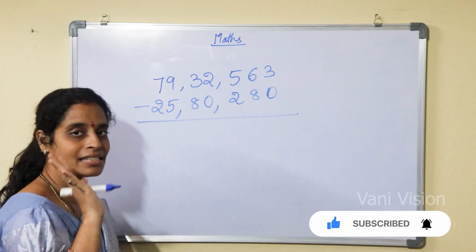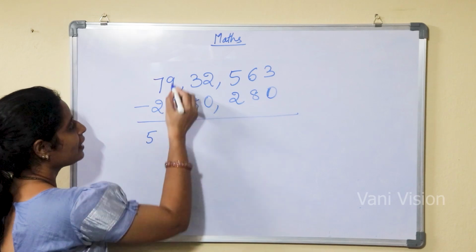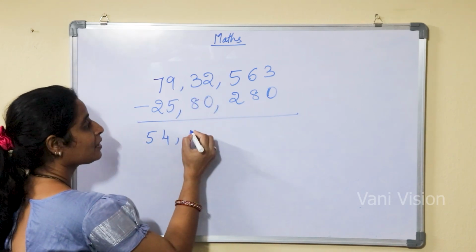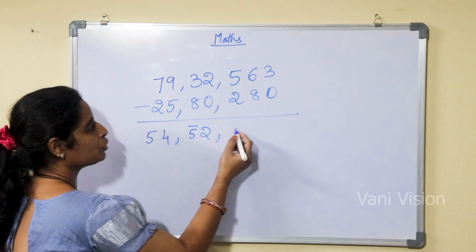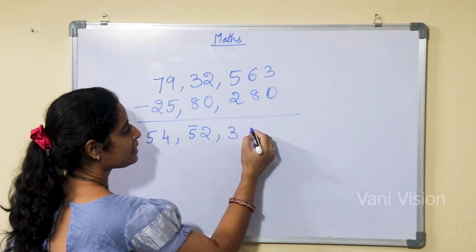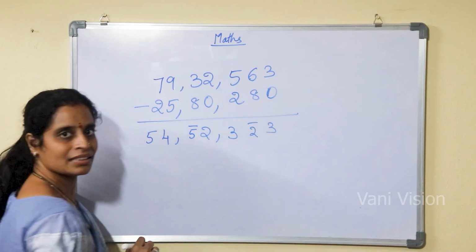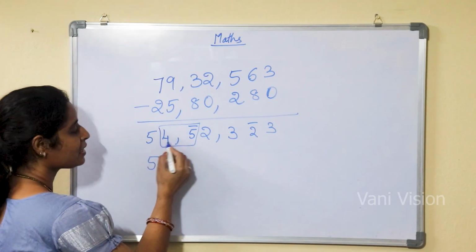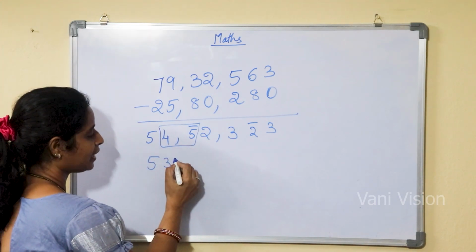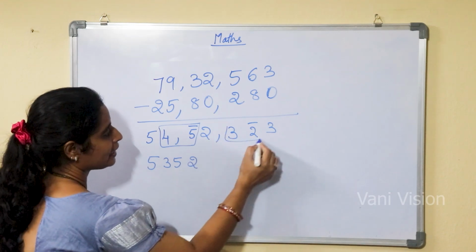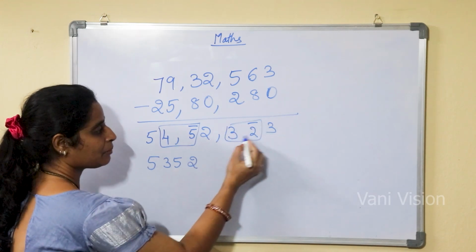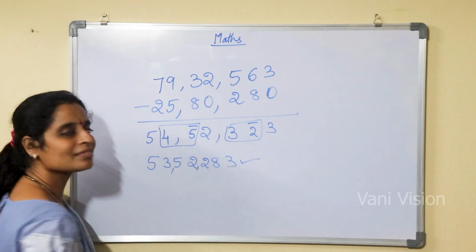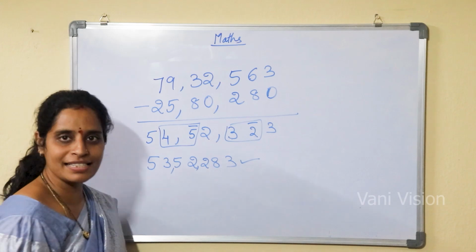See, 7 minus 2, 5. 9 minus 5, 4. 8 minus 3, 5 with a bar. 2 minus 2, 0... then 5 minus 2, 3. 6 minus 8, 2 with a bar, 3. Next, take these two numbers: 5 as it is, 40 minus 5, 35. Then take the barred 2: 30 minus 2, 28, 3. So this is our answer. How many seconds? 3 to 5 seconds.